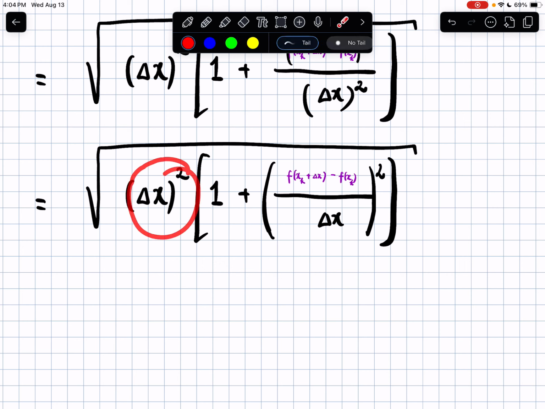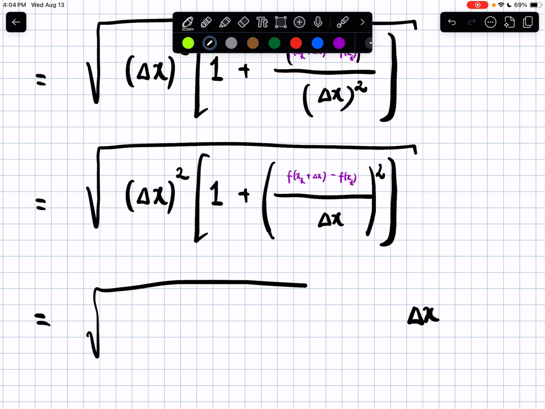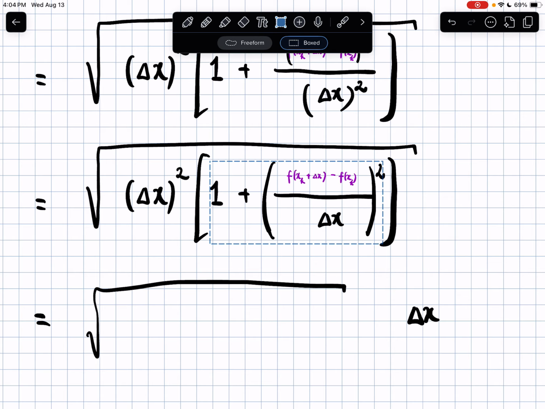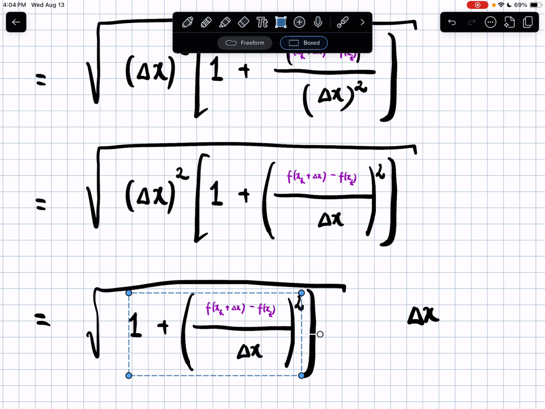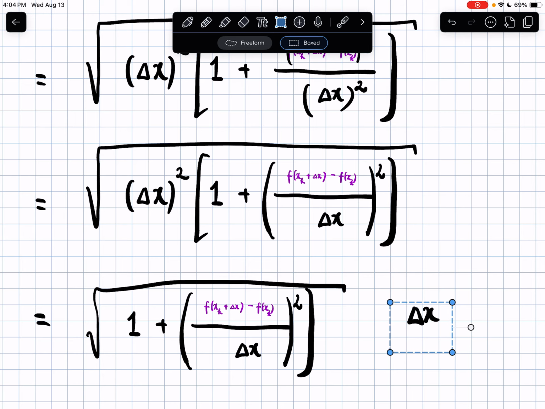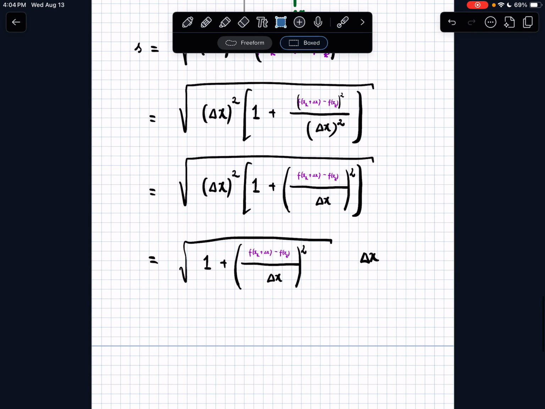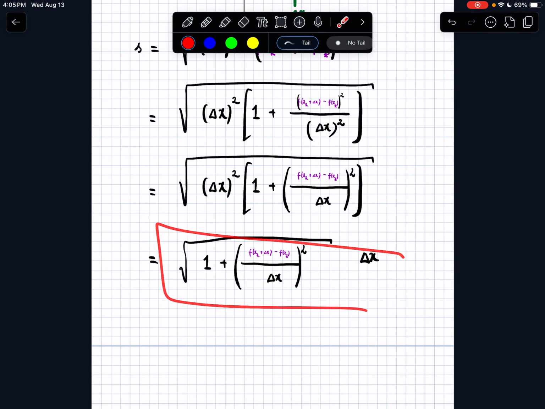Now we can bring this outside of the square root. We have delta x times the square root of 1 plus the square of this quantity. So this is the slant height.